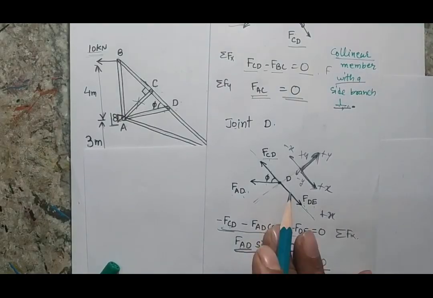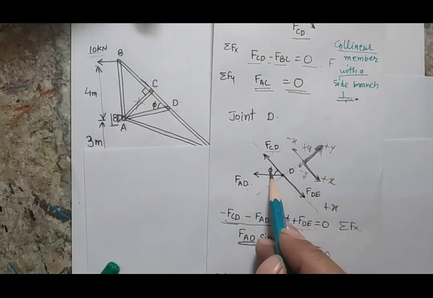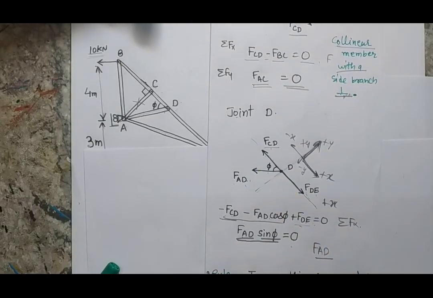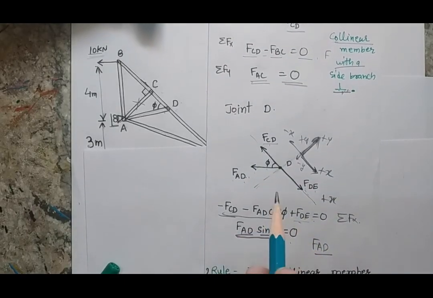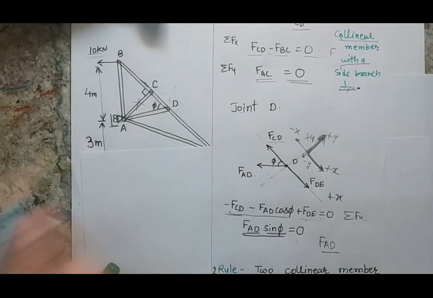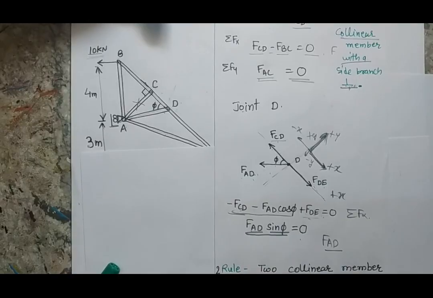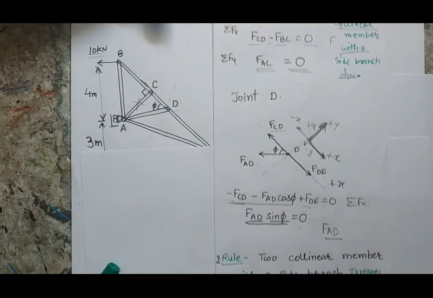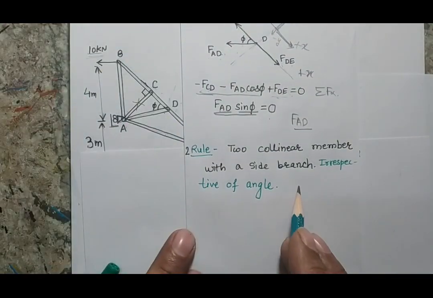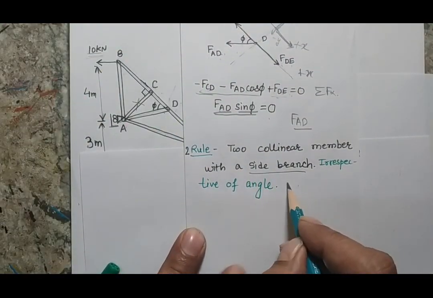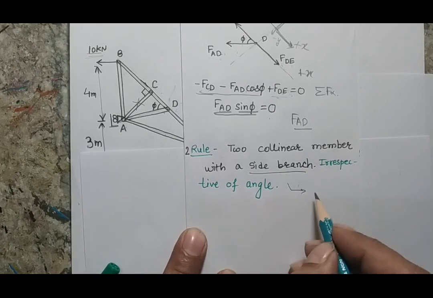But I have seen here that irrespective of the angle, if the two members are collinear and there is only a single side branch, please remember there is only a single side branch. Suppose there would have been a force, in that case there will not be any zero force member. But if there are only two collinear members with a side branch, then irrespective of your angle, the side branch will be a no load member or zero force member.